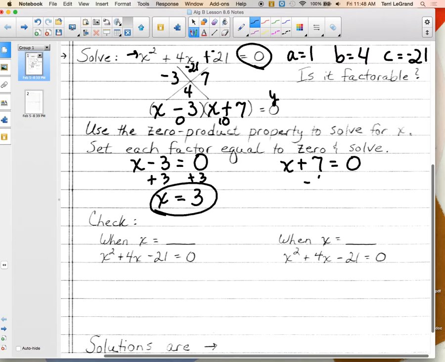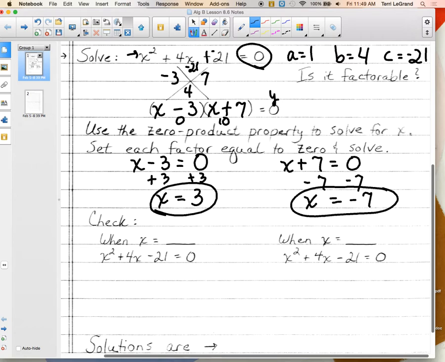We'd have to subtract 7 from both sides, and we get x equals negative 7. We just found the second 0. And when we find the zeros, we're really finding the solutions, aren't we? So again, let's just check this out.